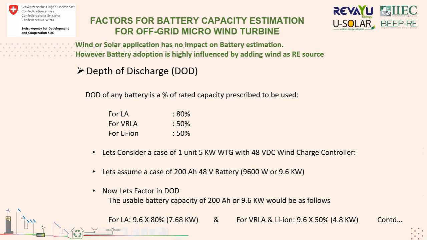If we are feeding directly to the load through the batteries, off-grid, and even if there is a reliable grid and you don't require batteries, sometimes people have been installing a small battery bank as a medium, so that at low voltages also they are able to store that energy and utilize it when the batteries are relatively charged.